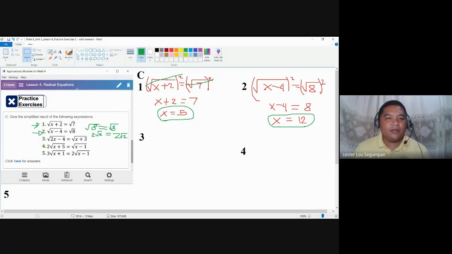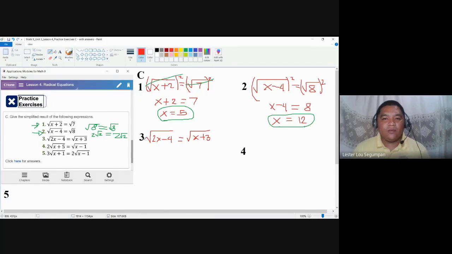In number 3 and number 4, even in number 5, both sides now have variables. So how do we act on this? So you have square root of 2x minus 4 is equal to the square root of x plus 3.